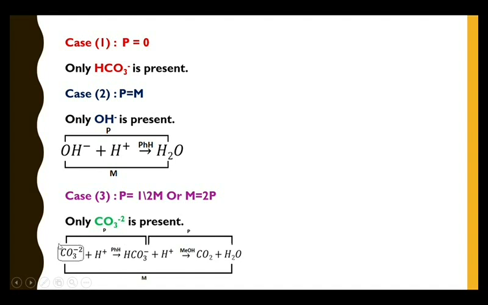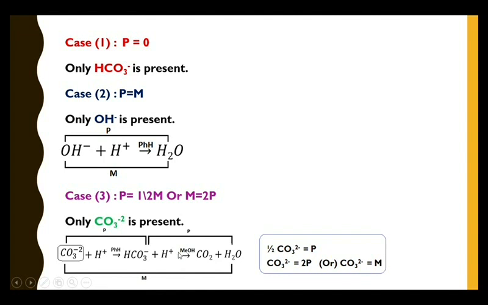Therefore, the alkalinity due to this is marked as P. At this stage you add methyl orange and continue the titration against the acid till neutralization to carbon dioxide and water, and you mark this whole as M.